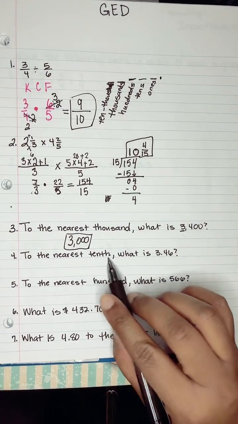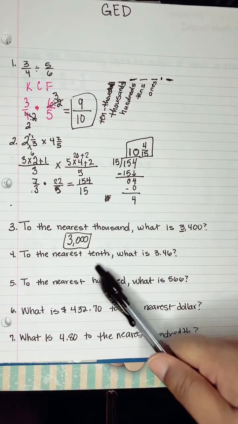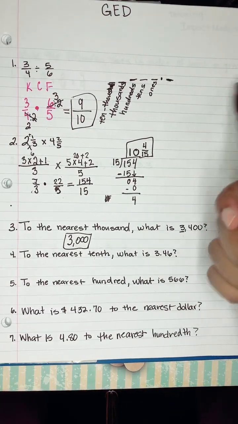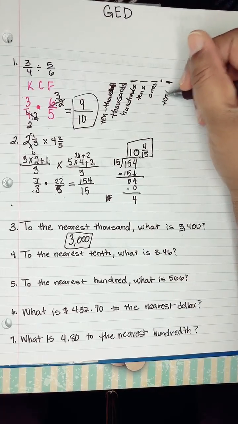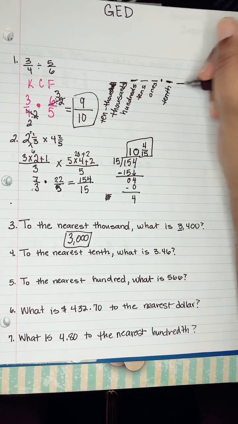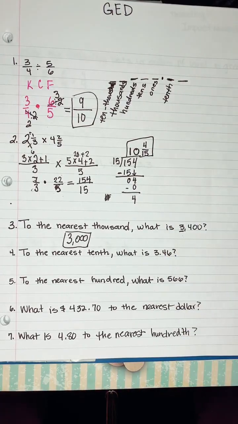Okay, remember the tenths. So we're going to go back up here. The tenths, whenever you have that TH, is after the decimal. So this is very important, you guys, especially for those who are into crypto, because crypto deals a lot with this end of the spectrum, especially if you have a new coin coming out.